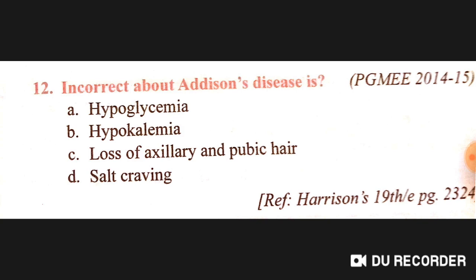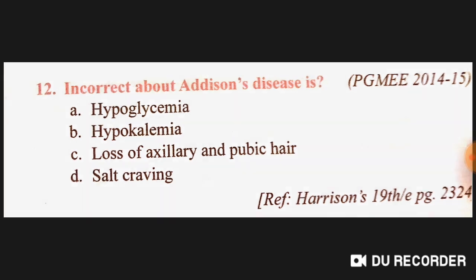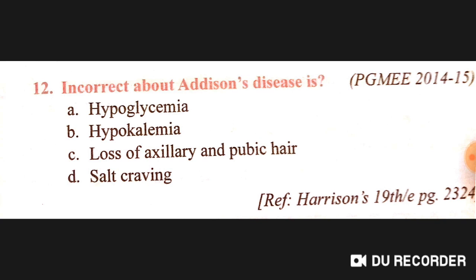Aldosterone is responsible for absorption of sodium and removal of potassium, but here aldosterone is poorly functioning, so they can't absorb sodium, and they are not able to wash out potassium from the body. So there is retention of potassium, causing hyperkalemia. So the answer they are asking, except, so hypokalemia is the answer here.